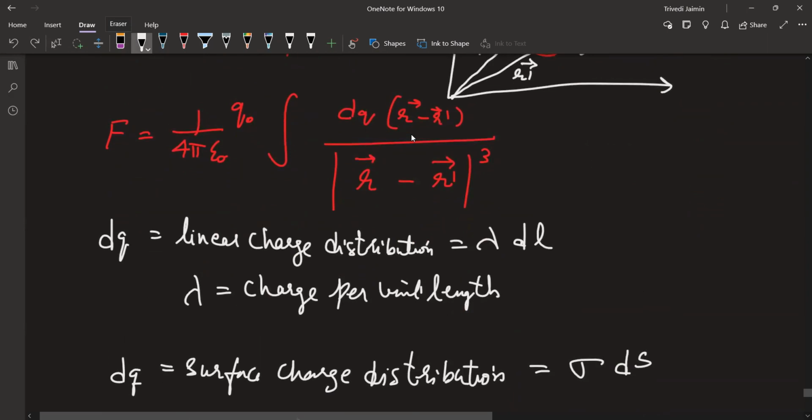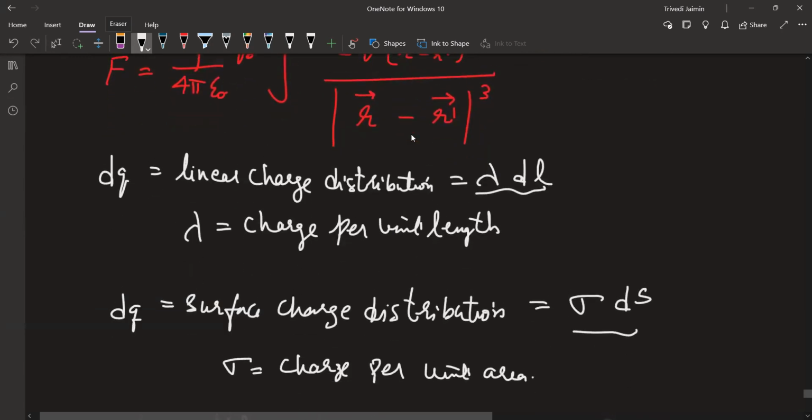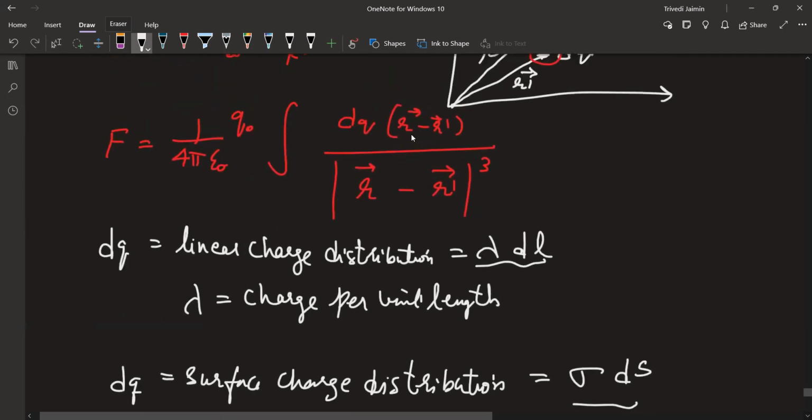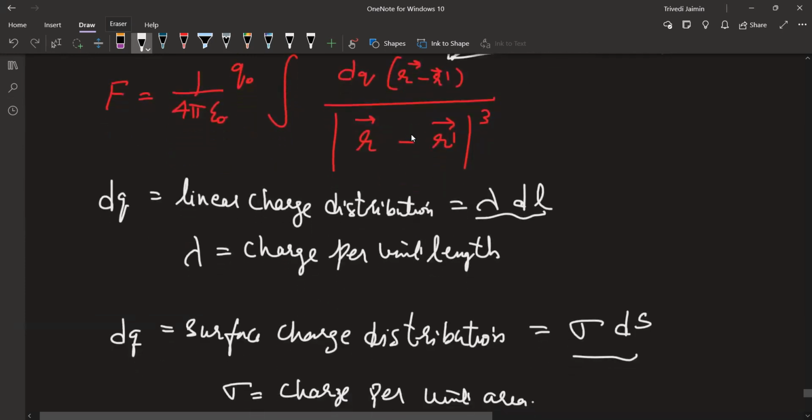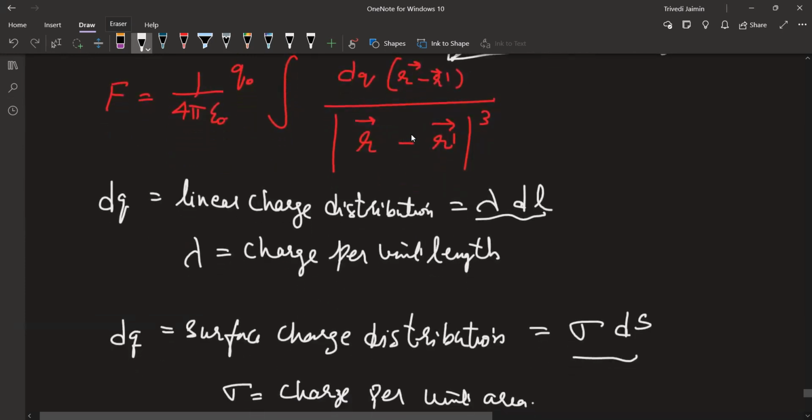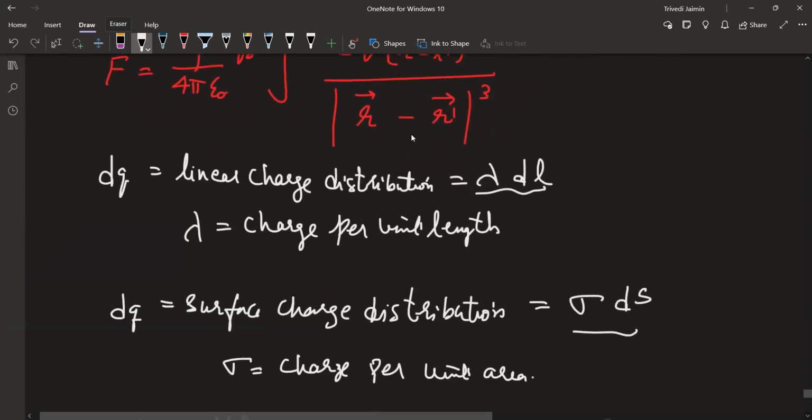Here we are using dq as lambda dl for linear charge distribution. For surface charge distribution, we will use dq as sigma ds. What is sigma? Charge per unit area. Lambda is charge per unit length. Same formula, just different usage. For linear charge distribution, we use lambda dl, charge per unit length into length.